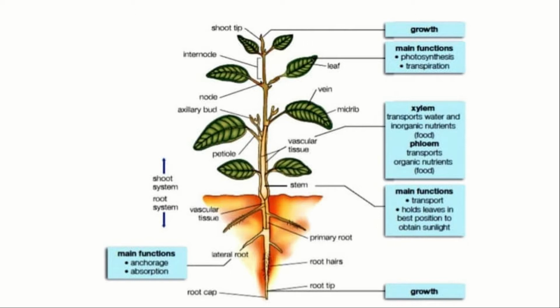Xylem transports water and inorganic nutrients, whereas phloem transports organic nutrients. Stem. The main functions are transport, and it holds leaves in the best position to obtain sunlight. Internal root: anchorage and absorption. Root tip or root cap: for growth of a plant.